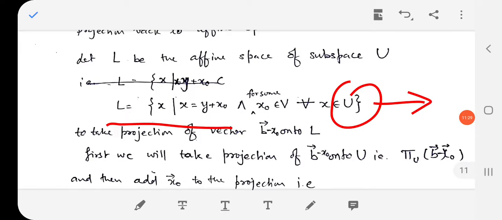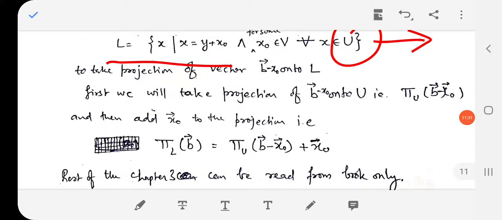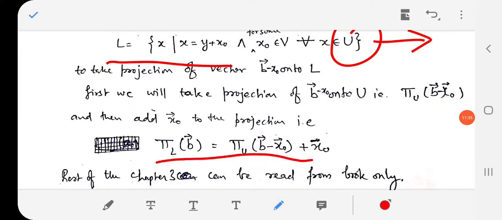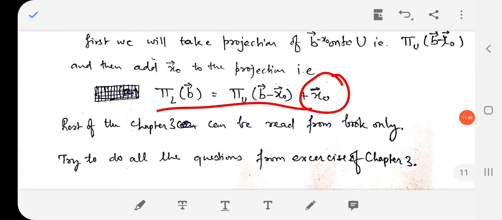Once you find the corresponding subspace, take the projection there as we have done previously, and then add the support point, and that will do our job. The rest you can see in chapter 3 of the MML book to clarify more on this idea.